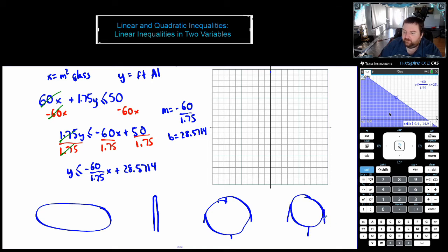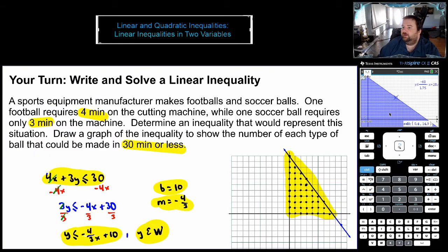So now you have something 3 to 4 feet off the ground. You can stick your legs underneath there and sit down. So that, I would say, is a good solution right there. 0.4 and 14.9.